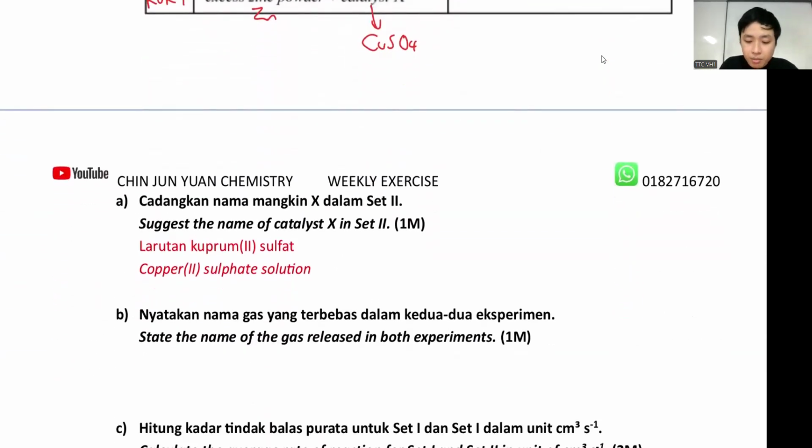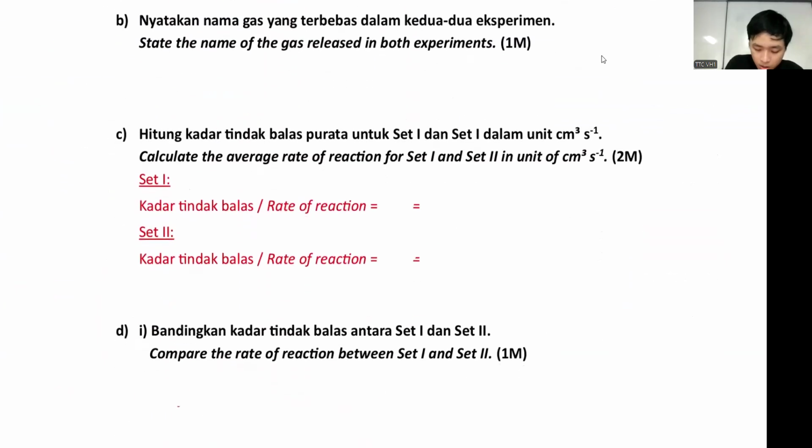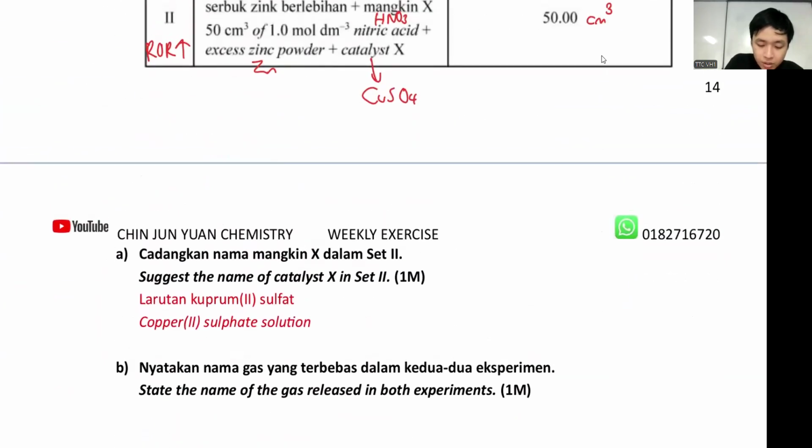Okay, name of the gas. So basically, the chemical equation is Zn plus HNO3, you will get zinc nitrate and hydrogen gas.